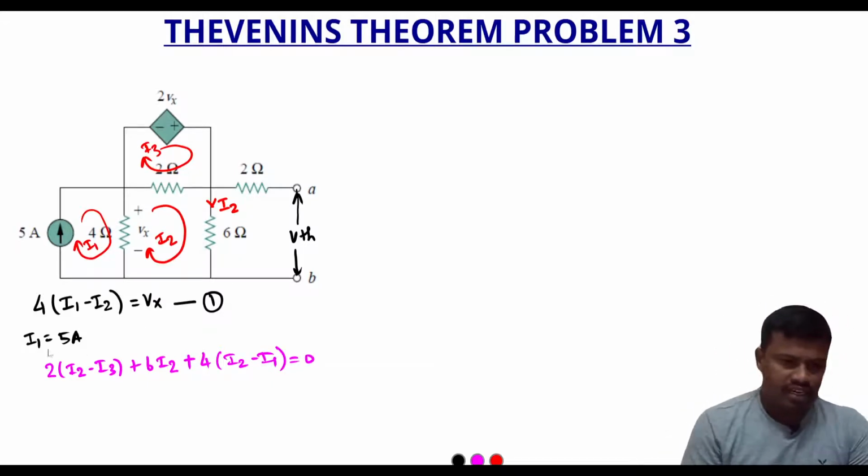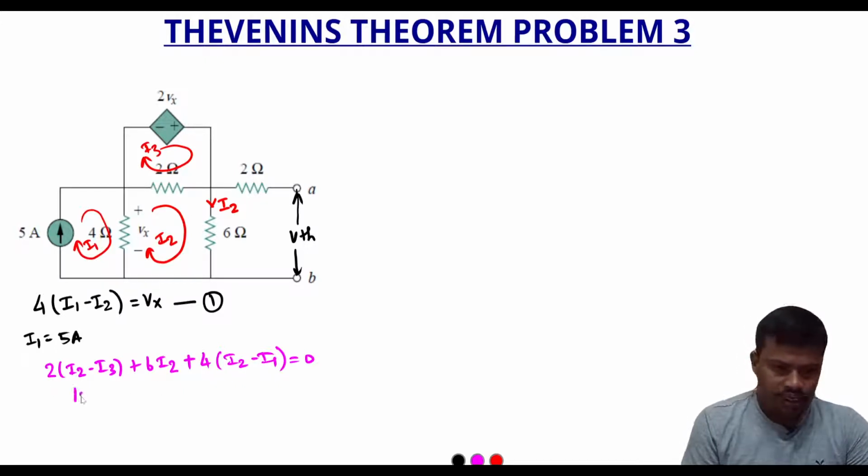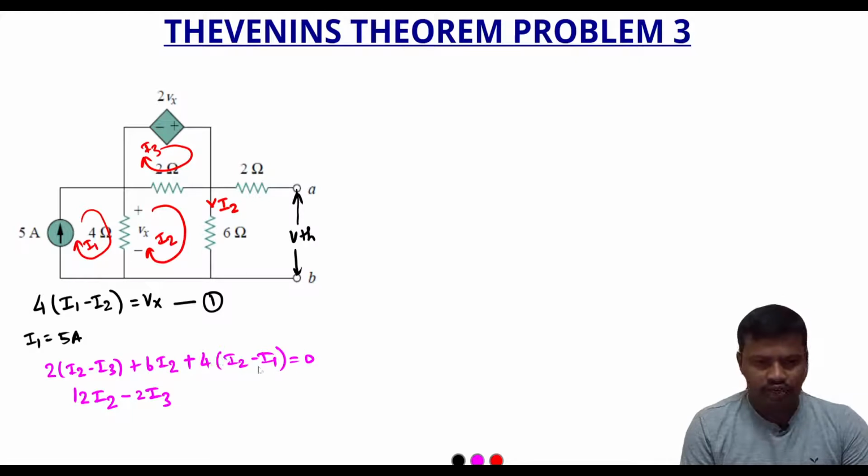As we know I1 is equal to 5 amps, we will apply it here. When simplifying this equation, the I2 terms are 2I2, 6I2, and 4I2, which gives 12I2. Only one I3 term is available, so negative 2I3, and the I1 term is minus 4I1.